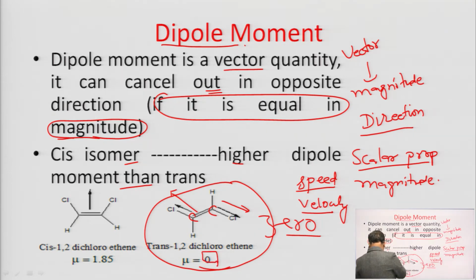But if we say cis, this is the direction, and this is the direction. So, both directions give a net resultant value, suppose it is at the center, a value greater than 0. Therefore, the dipole moment says cis isomers will possess a higher value of dipole moment as compared to the trans isomers.